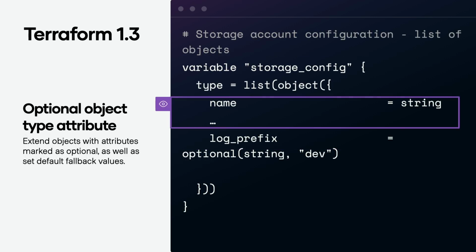Then we get into another big area that was added as part of Terraform 1.3, and this is the optional object type attribute. For those of you who have been around and using Terraform for a while, this is actually one of the highest upvoted issues that we've had on the GitHub repository. This really allows a lot of flexibility when it comes to how you define complex object types within your variables.